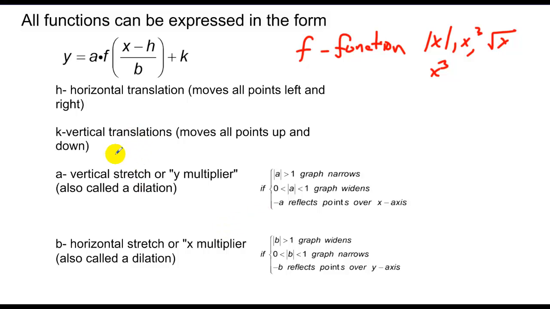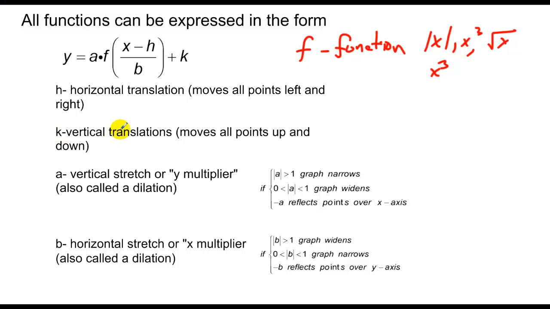But when we express it this way, these variables all have something to add to the original parent function. H, just like in our absolute value, is a horizontal translation, and it moves everything left or right. Notice the h follows the subtraction in a similar way that it did in our absolute value.